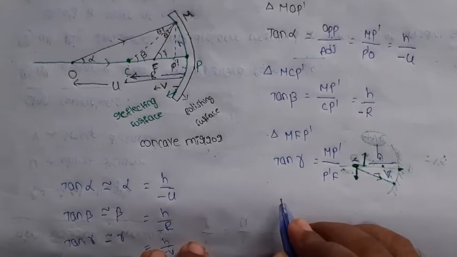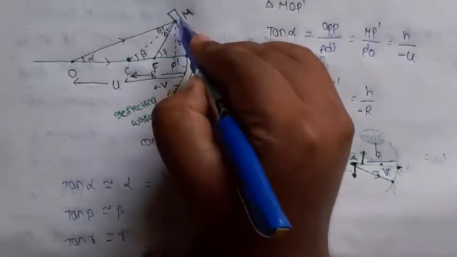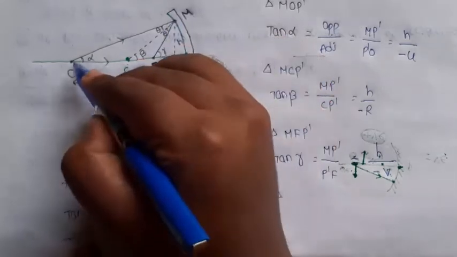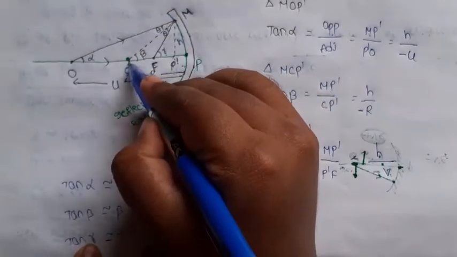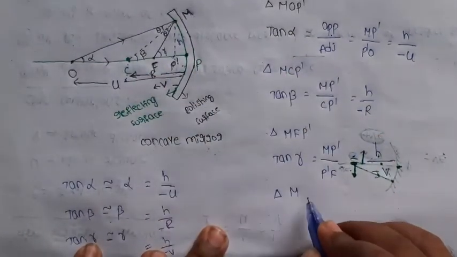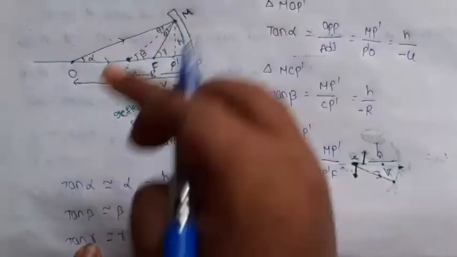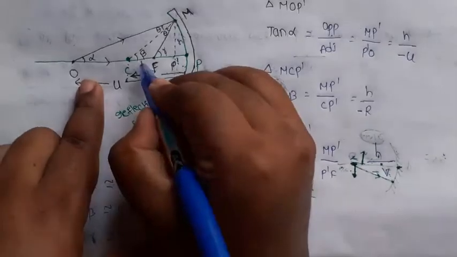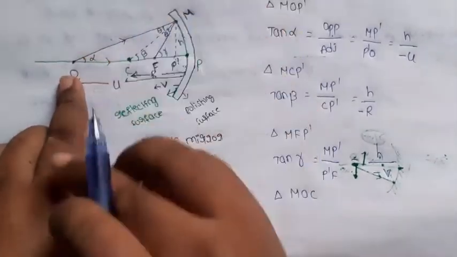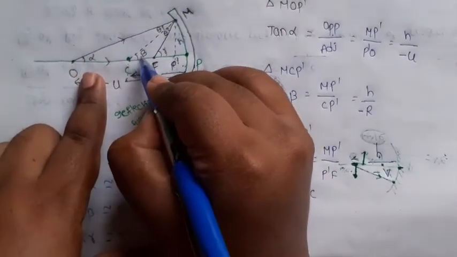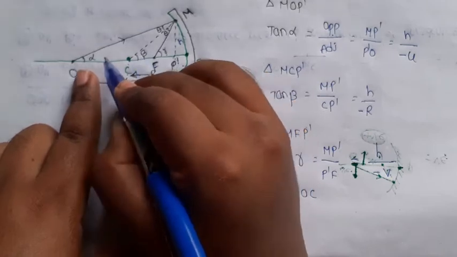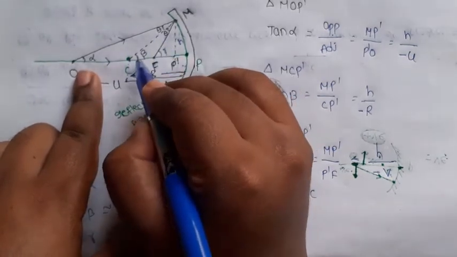From the diagram, I am taking the triangle MOC. This is our triangle. This is the beta angle, this is the alpha angle, this is the theta angle.